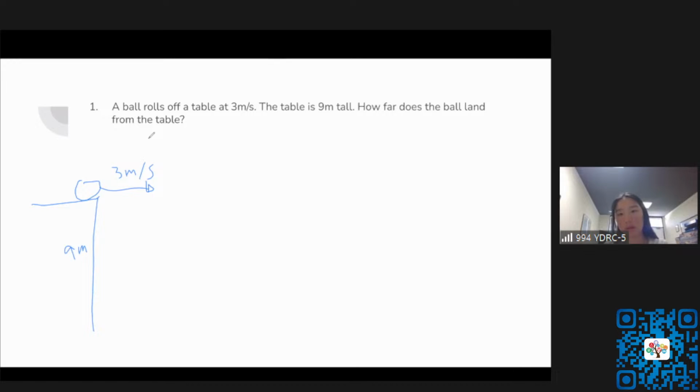Yeah, 9 meters tall just means how high the elevation is. Yeah, Ethan, that's correct.